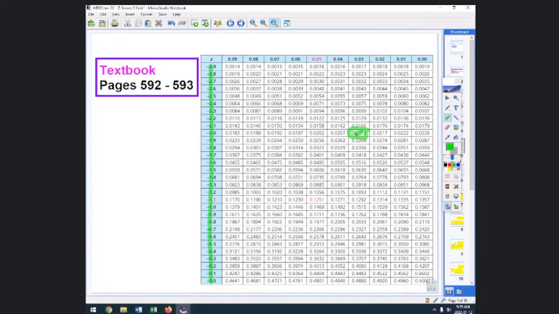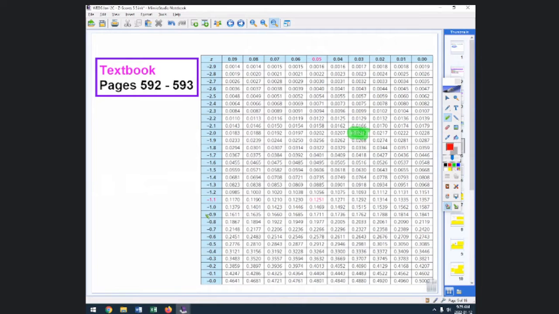So that would be the area under the curve that would correspond to that. Negative 0.98, let's say. So if I am going to do negative 0.98, I'm just going to grab a different color here.